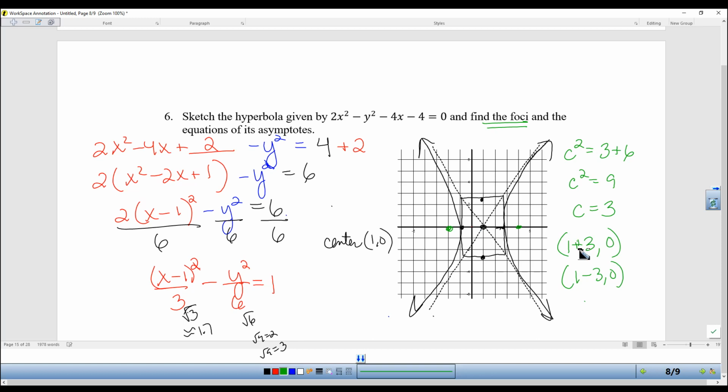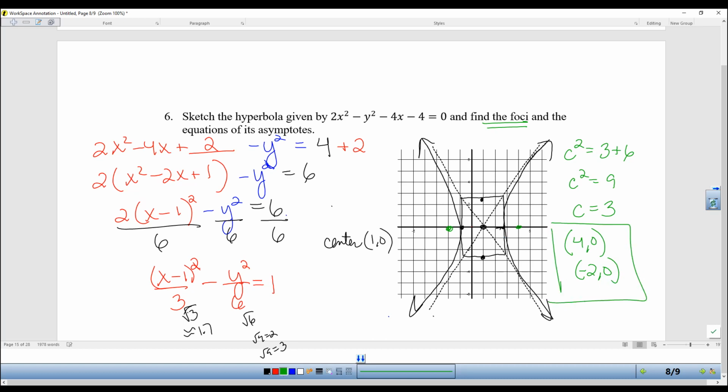Yeah, you're allowed to do that when it's like the square root of 3 or something that you can't actually add. But when it's a number like 3, you should write down the final number. So, of course, the final number is 4, comma, 0 and negative 2, comma, 0. So make sure you actually simplify.